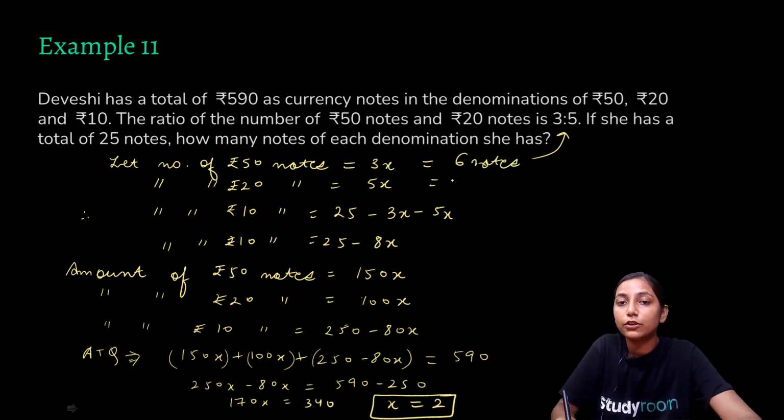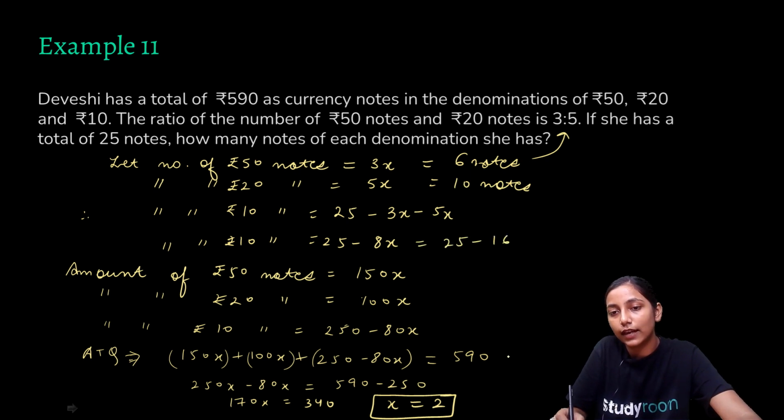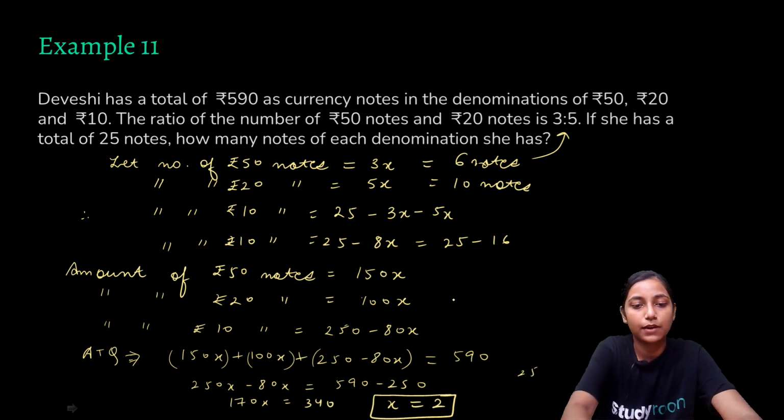She has 5 into 2, that is 10 notes of rupees 20, and she has 25 minus 8x notes of rupees 10. 8 twos are 16, so 25 minus 16 is 9.